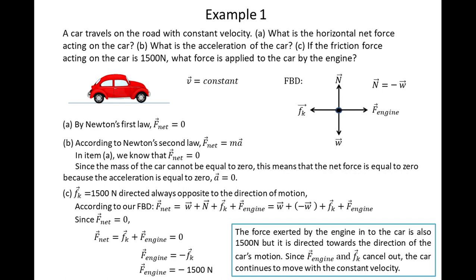Therefore, the force exerted by the engine on the car is also 1,500 newtons, but it is directed towards the direction of the car's motion. Since these forces cancel out, the car continues to move with constant velocity.